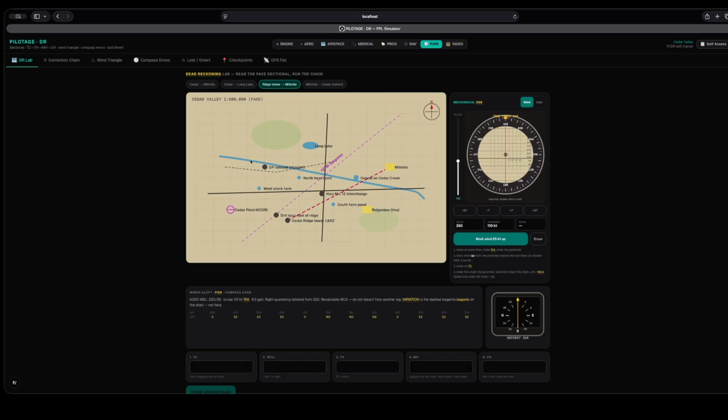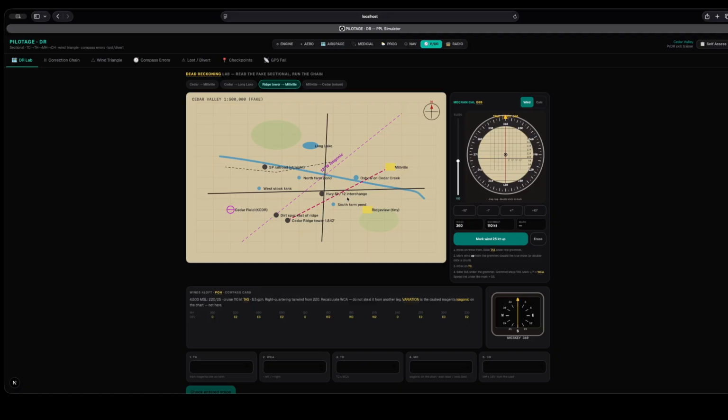So in this one, again, we'll erase our E6B, and in this one we're going Ridge Tower to Millville. So you can see Cedar Ridge Tower, and I'm just gonna put my protractor there on the line, and that looks like about 10, 20, 30, 40, 50, 60.